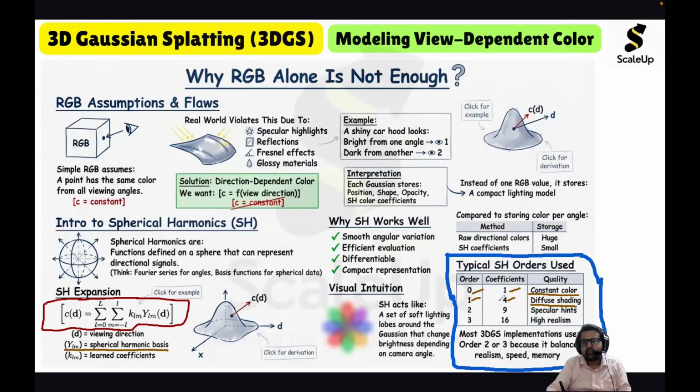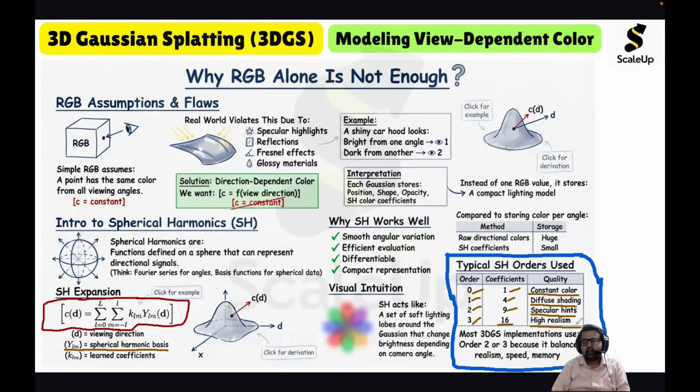If the degree is 2, we will have 9 coefficients, so the color will be more realistic, with specular hints. And if the degree is 3, the coefficients will be 16, so we will get very high photorealistic experiences.